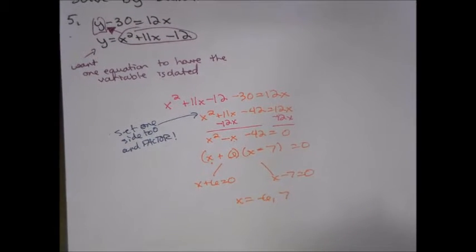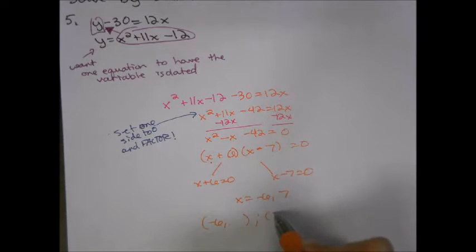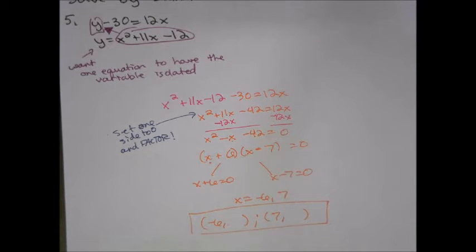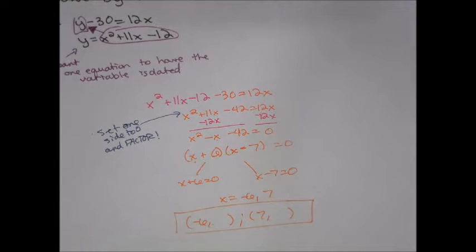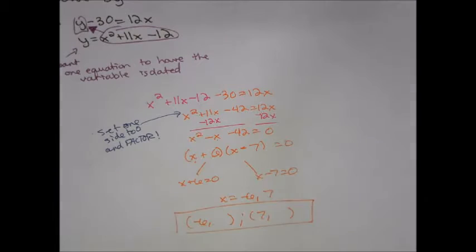So remember, now we need to find an ordered pair. So our answer is negative 6 comma a y and 7 comma another y. Let's go ahead and find those y's. I'm going to use the linear one to find the y.